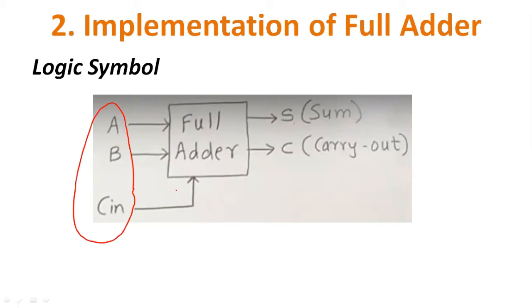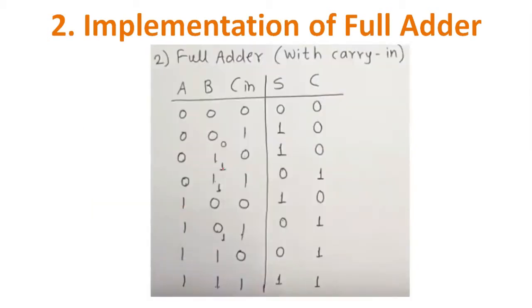Now let us see the truth table of the full adder. The truth table consists of 3 inputs and 2 outputs. 3 inputs, that means 3 bits, make 8 combinations, that is 2 raised to 3 is equal to 8. Okay, so what we have to do is simply add these 3 bits, A plus B plus C in.